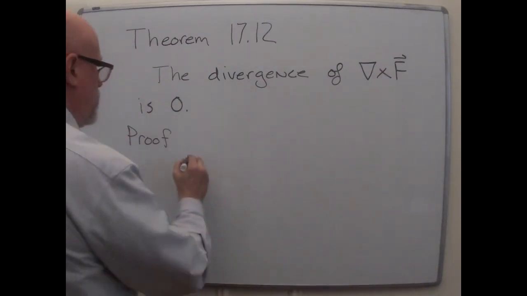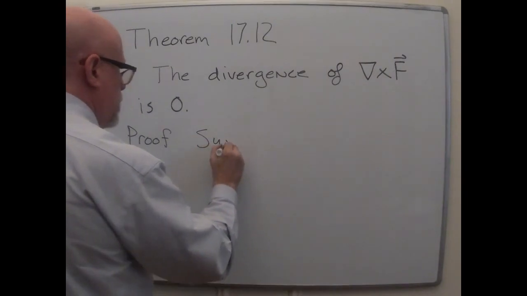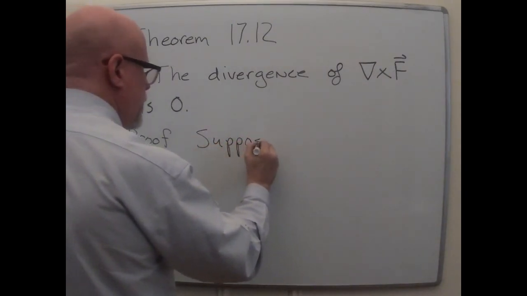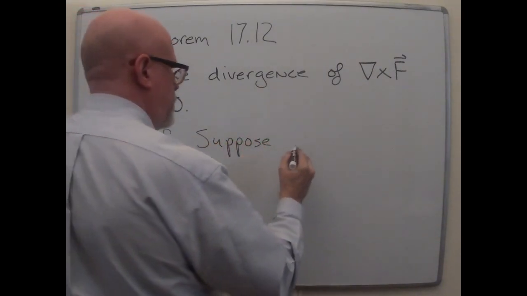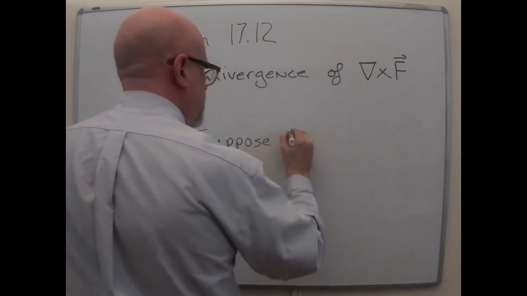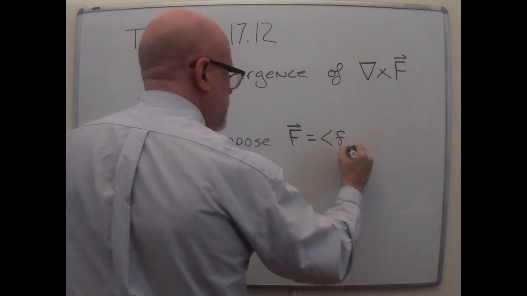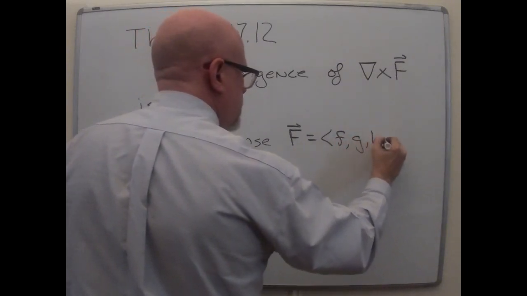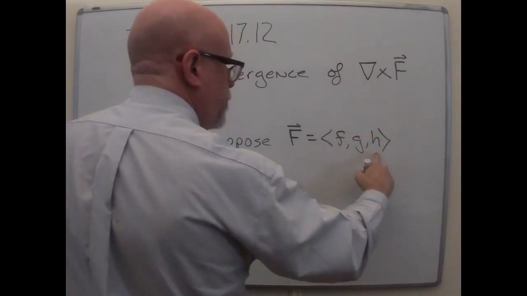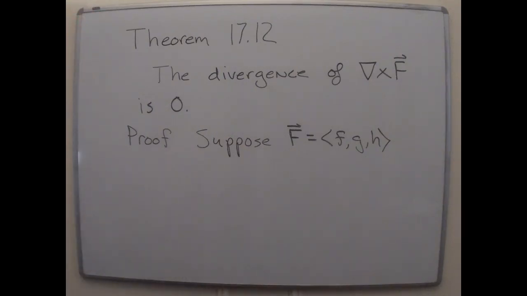So suppose F has F, G, and H as its coordinates. Each of those is a function of position in space. So F of x, y, z, G of x, y, z, H of x, y, z, really.